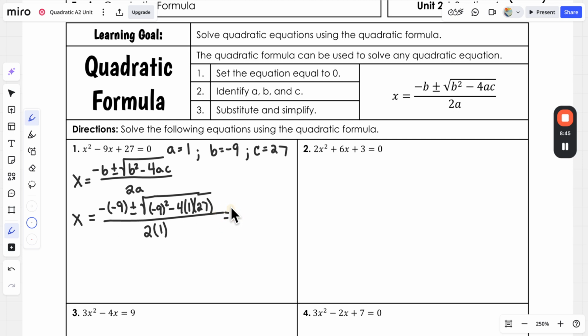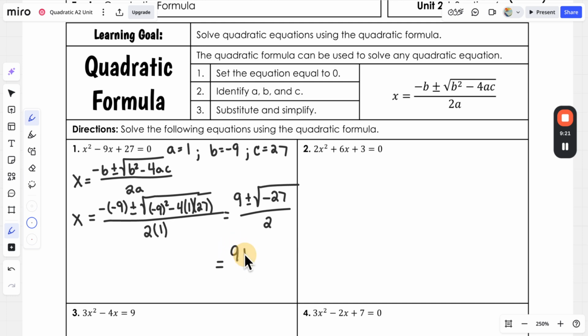This can be simplified. The negative of a -9 is +9 plus or minus the square root of 81 minus 108 gives us -27, all over 2. We've worked before on simplifying radicals and complex numbers. We recognize that the negative under the radical means that we will have a complex number.